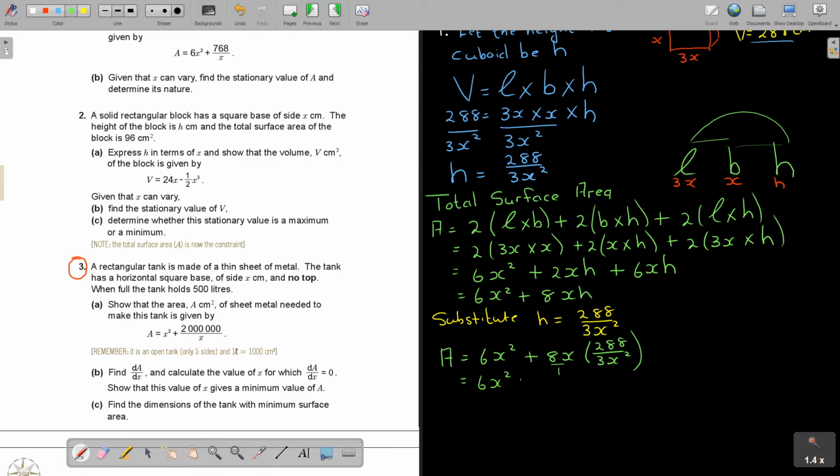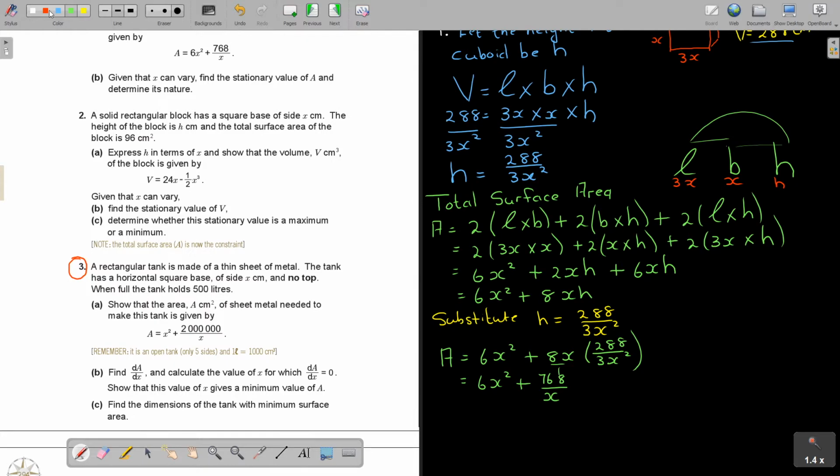Oh, it's nice. So it's plus 768, 768 over one of the x cancels, so it's just over x. Okay, so that is the formula. Let's see if it's correct. It's exactly what they wanted me to get.